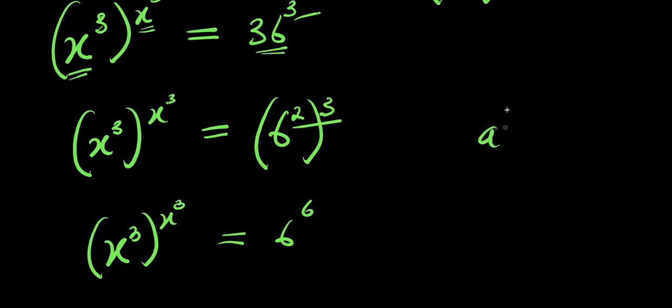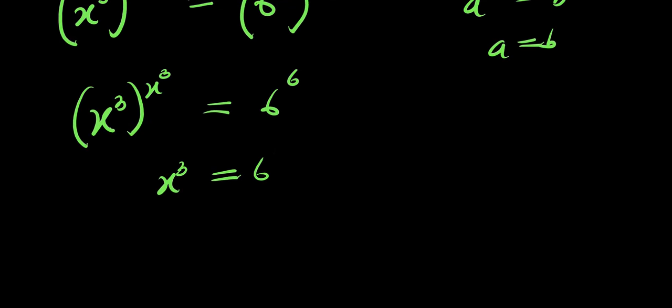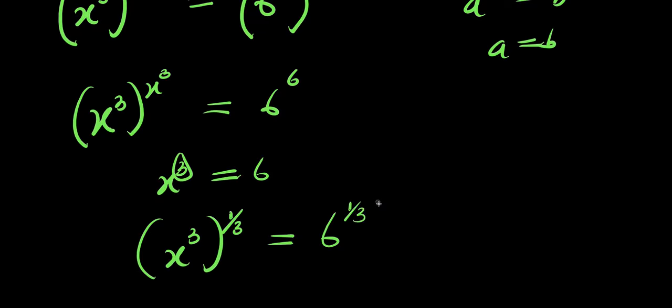Now, if you have a^a raised to the power of b^b, that means you can have a equals b. So from here, I can say x^3 equals 6. I can solve for x. So what I can do will be to eliminate this 3, and to achieve that, I will have x^3 raised to the power of 1/3 equals 6 raised to the power of 1/3.